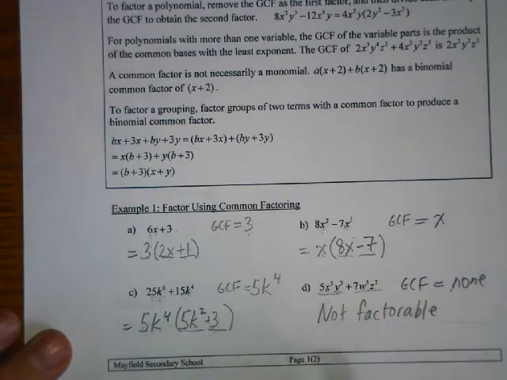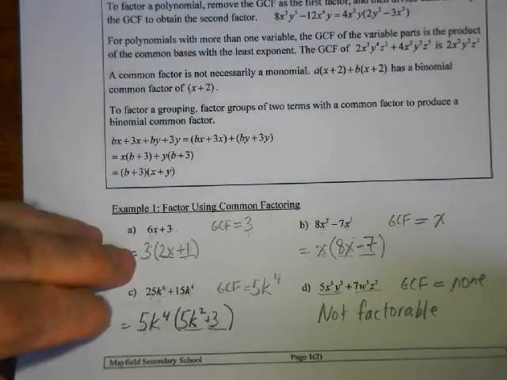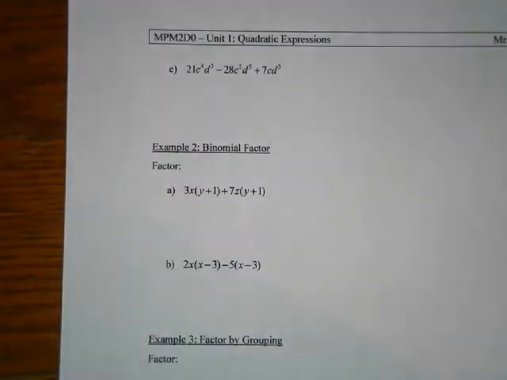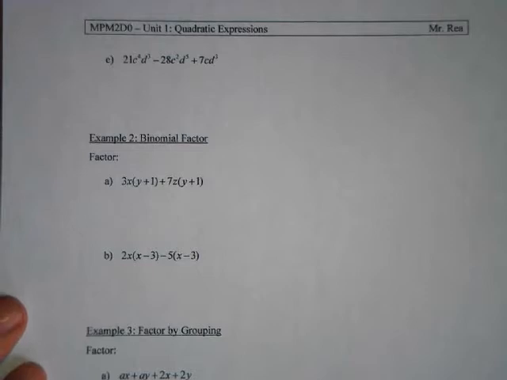So for the point of showing that, we got this example here, but when you're doing tests and most of the homework, I would say 98% of the questions do have a common factor. Okay. All right, next page.